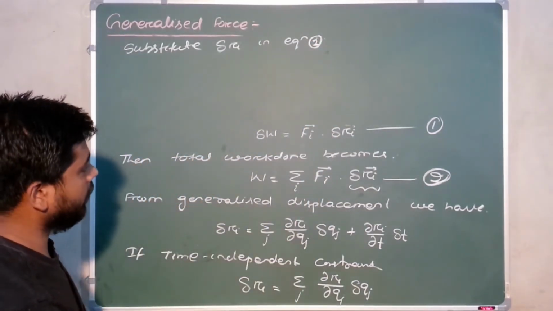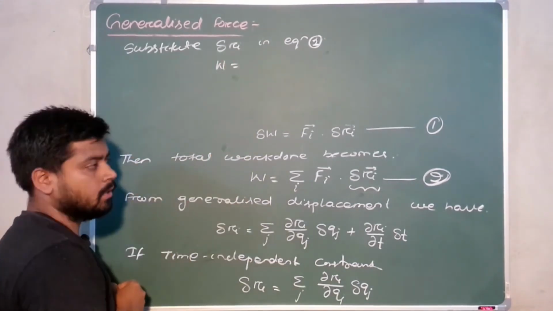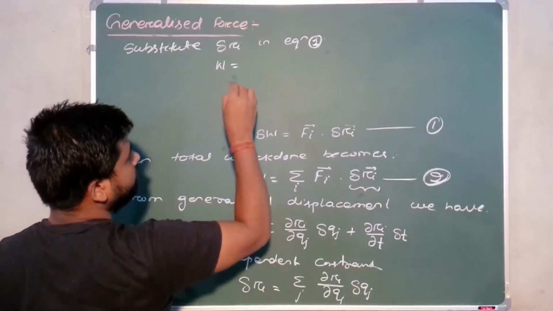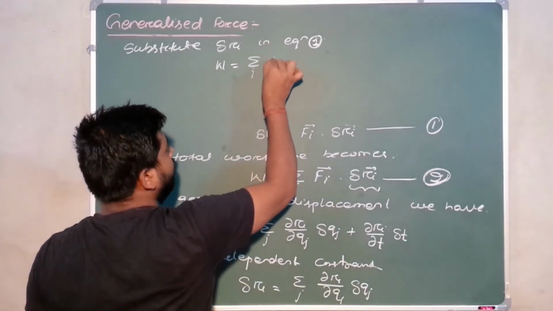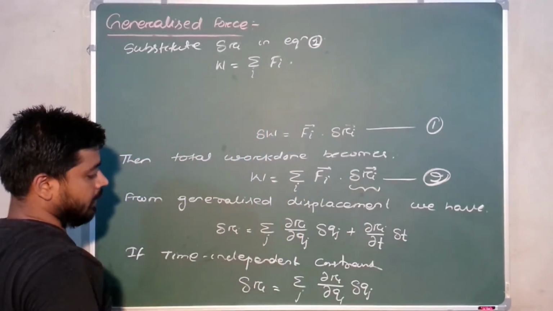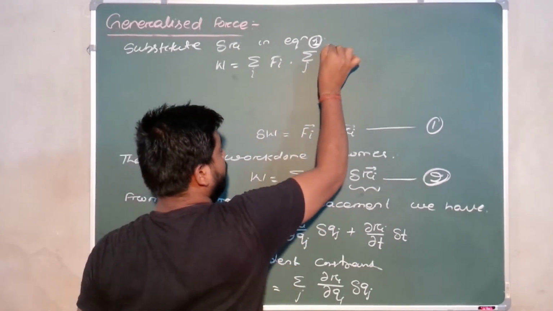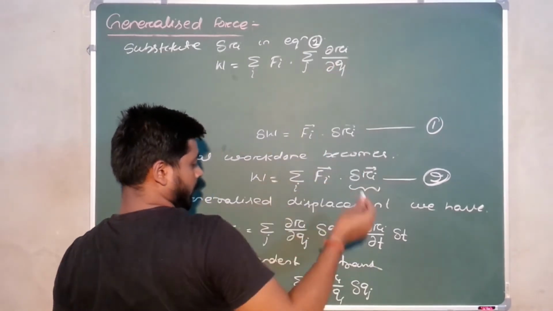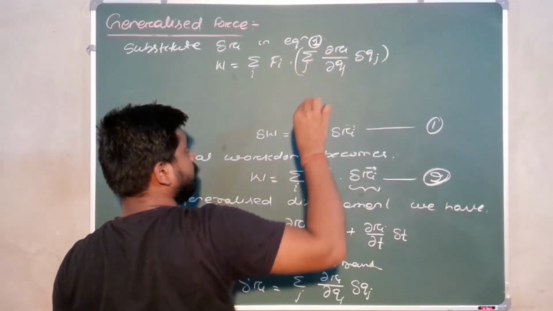Okay, let's see what I got here. W, we have to find the total value of the system. W equals sum over i Fi dot, in place of delta Ri we write summation over j dou Ri by dou Qj delta Qj. Yes or no?